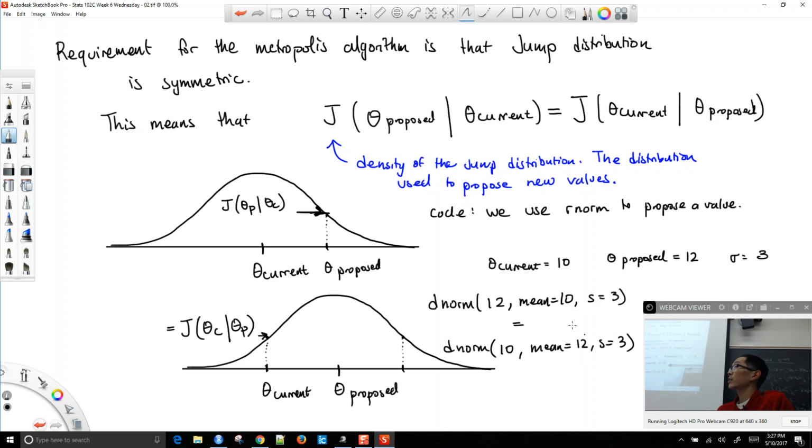This is what we mean by the jump distribution being symmetric.